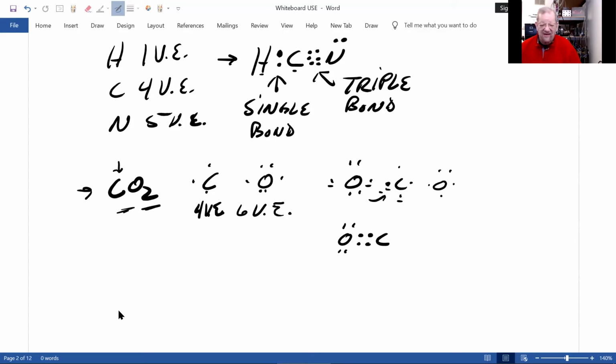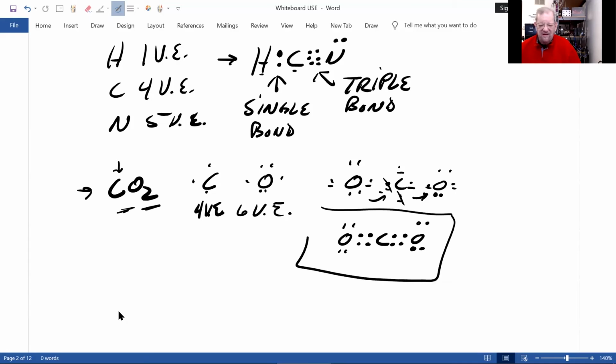And they do, and that takes care of these electrons. And carbon says to the other oxygen, well, now I only have 2 valence electrons available. Oops, forgot the dot there. You have 2, let's share. And they do. And this would be the Lewis structure for carbon dioxide.